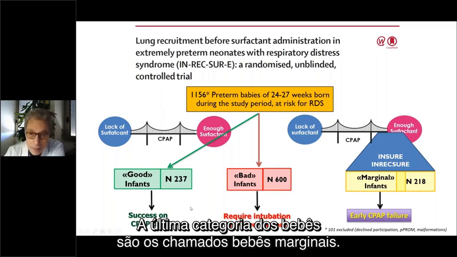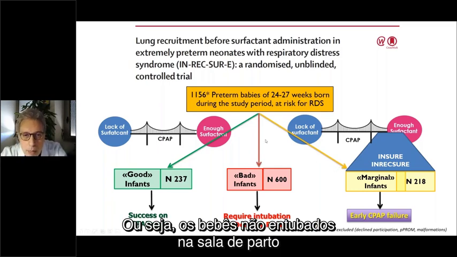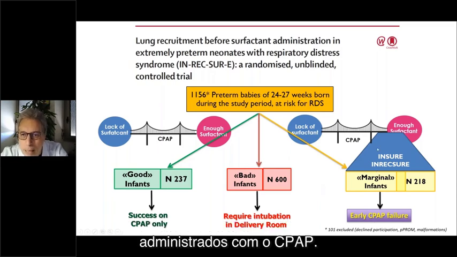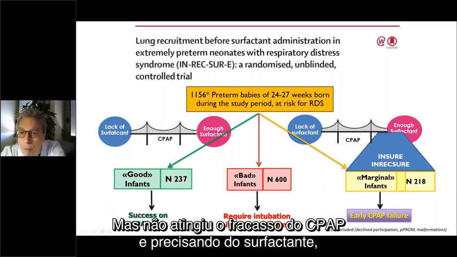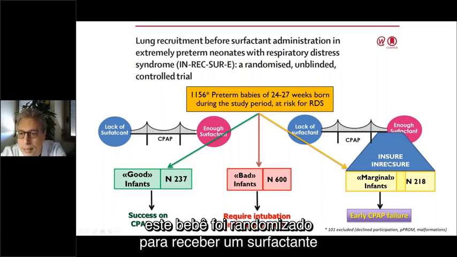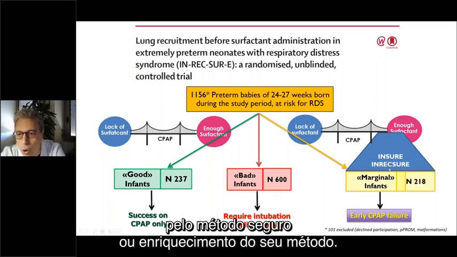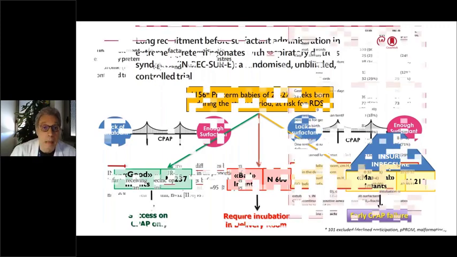The last category of babies are the so-called marginal infants, that is, babies not intubated in the delivery room, managed with CPAP, but reaching CPAP failure and needing surfactant. These babies were randomized to receive surfactant by INSURE method or INSURE method with recruitment.